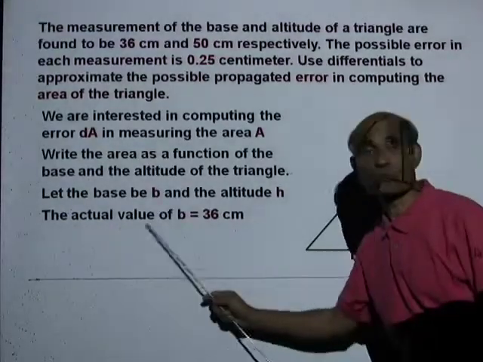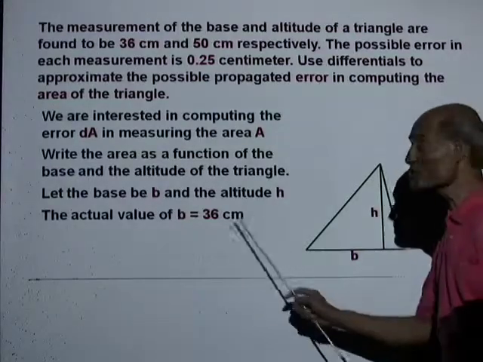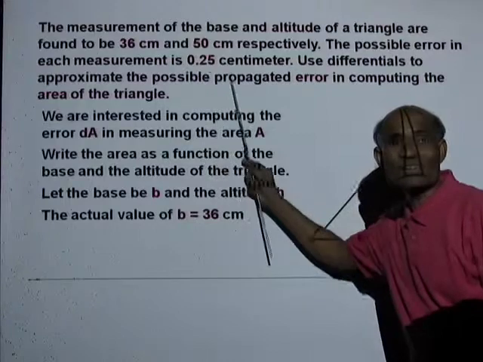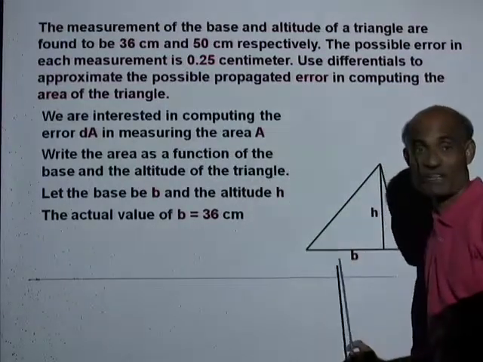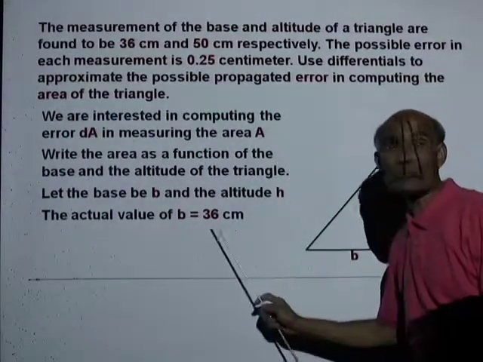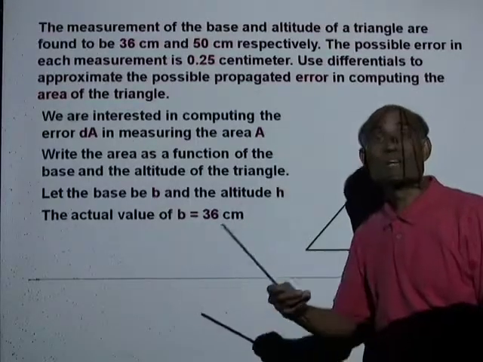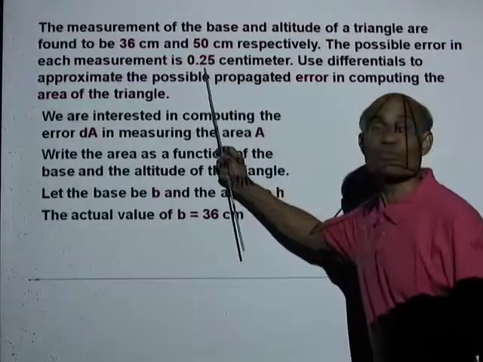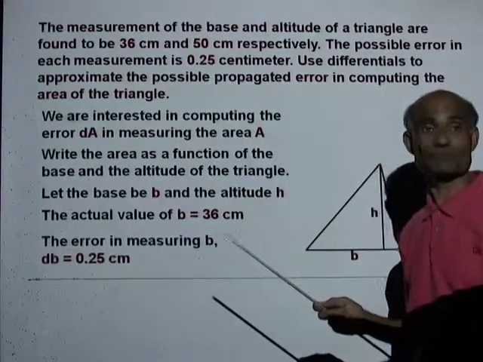Now, the actual value of b, the base, is 36 centimeter, and the error in measuring it is 0.25. In other words, when b equals 36 centimeter, db, the differential of b, is 0.25. That's the meaning of that.